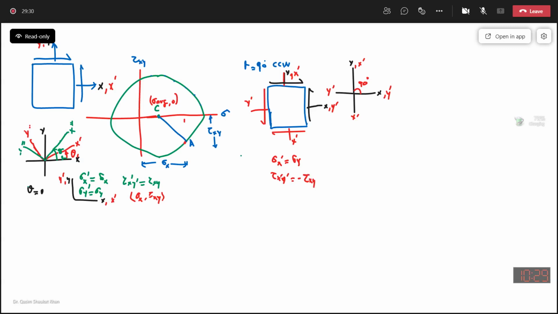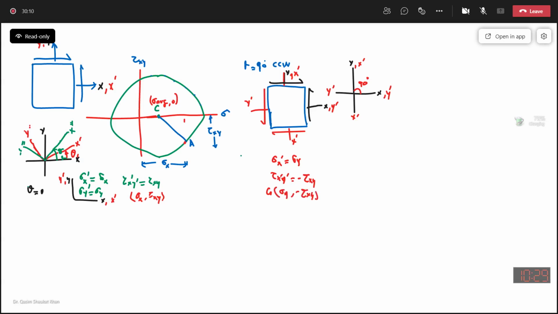So now the coordinates of your point G. This was the reference point A. Now we are calling this point G. So the coordinates of this point will be sigma y, comma minus tau xy.